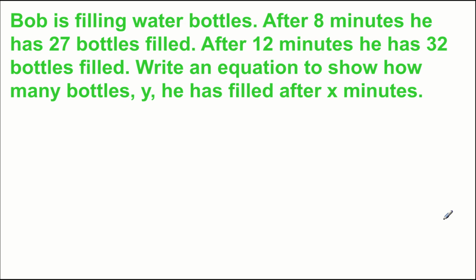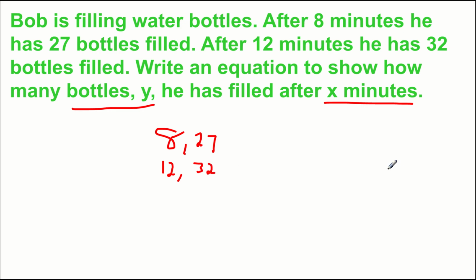All right, so I'm going to do this one, okay? And here is why. When we set our ordered pairs, we got x minutes and we got y bottles. So for the first one, 8 minutes, 27 bottles. 12 minutes, 32 bottles. So when I do my change in y over change in x, my y values go from 27 to 32.